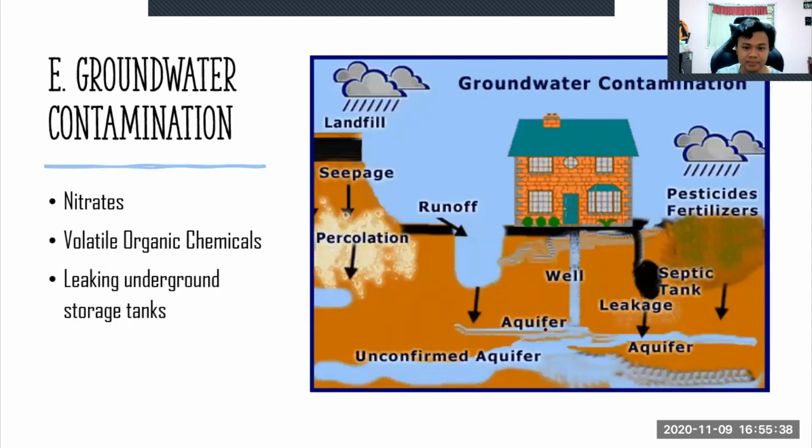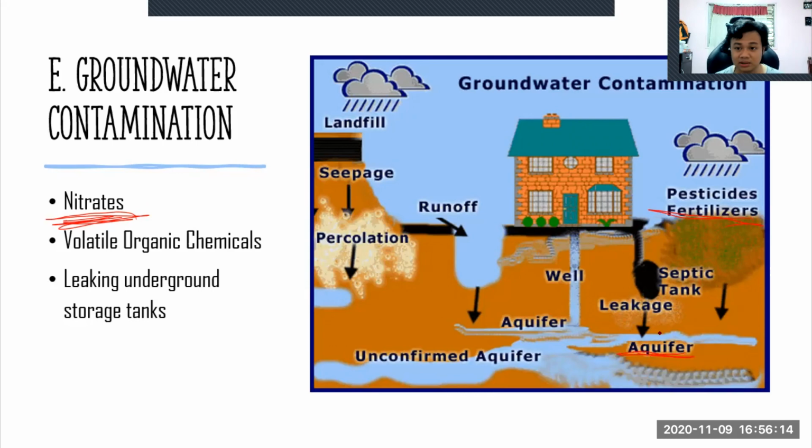All right. Groundwater contamination. As I explained earlier, nitrates are the cause of eutrophication. They are one of the components of your fertilizer, so fertilizers also affect our aquifer, right?